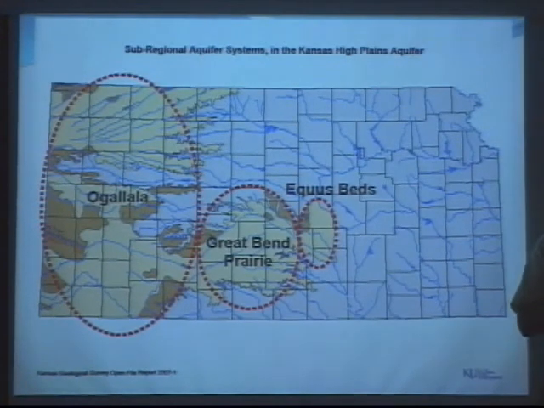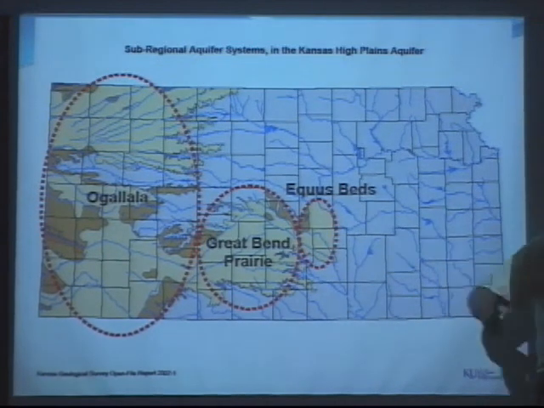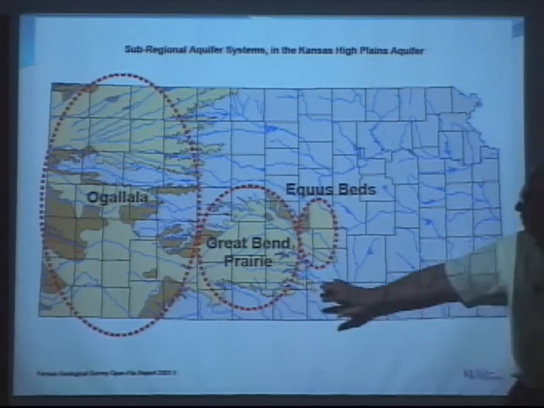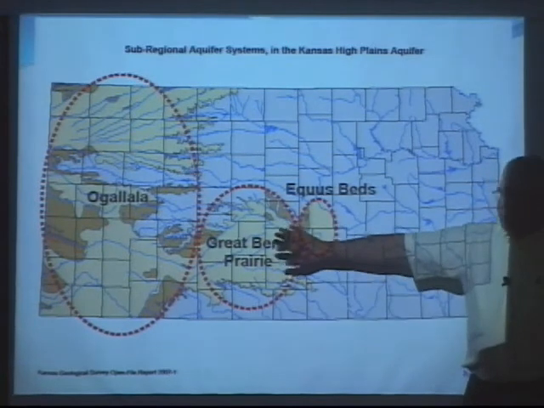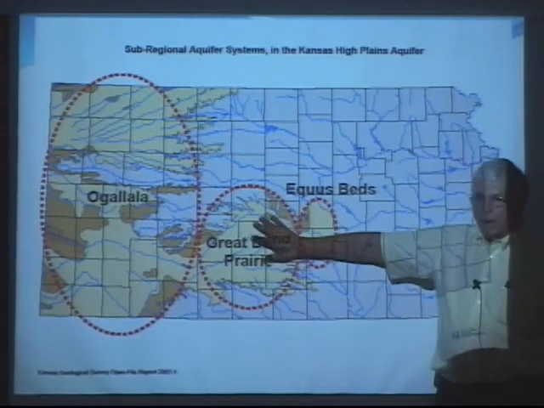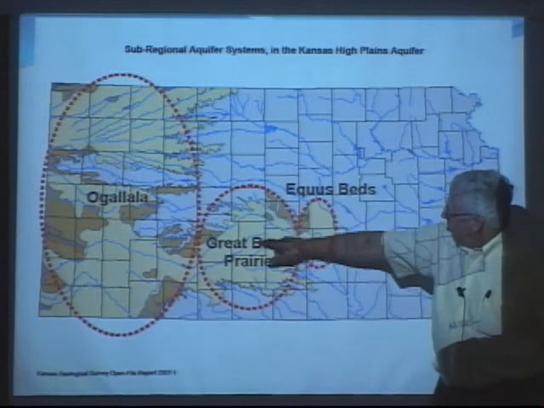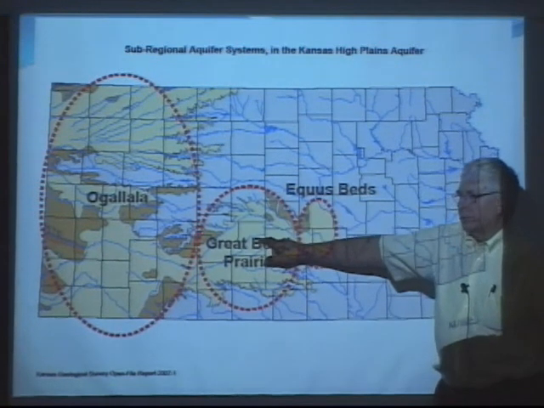Now we've tended to use the term Ogallala to represent all of the western aquifers, and perhaps more properly we should separate out two others. One called the Great Bend Prairie.